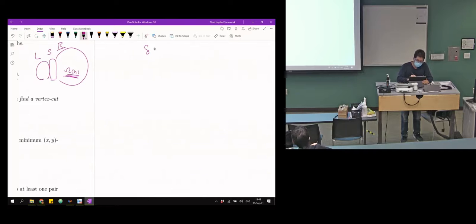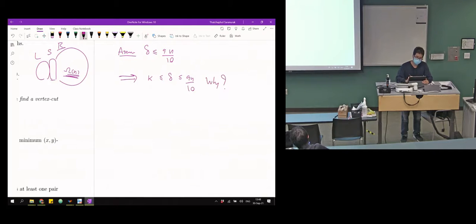We assume that delta is not too small. It's not too big. It's not like everything. Then, actually, from here, we know that the size of the minimum vertex cut must be less than delta.